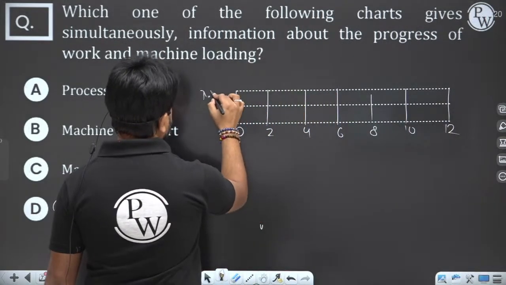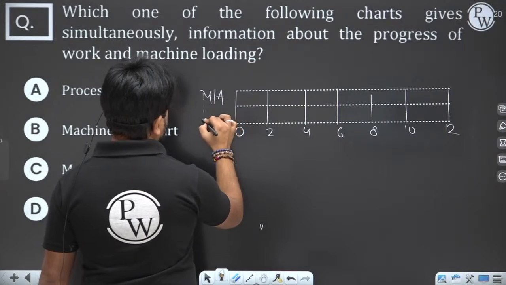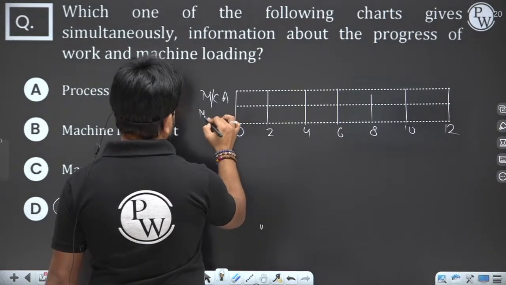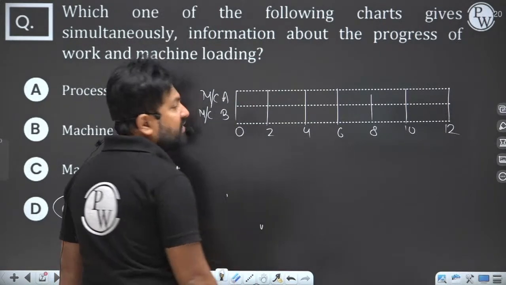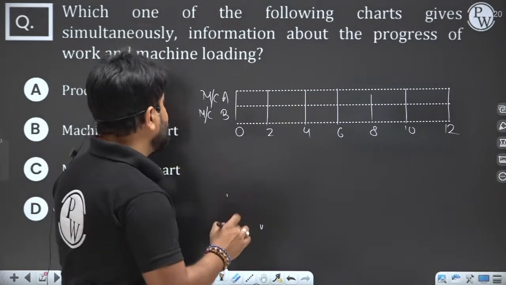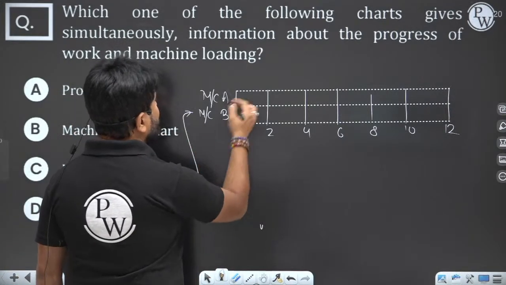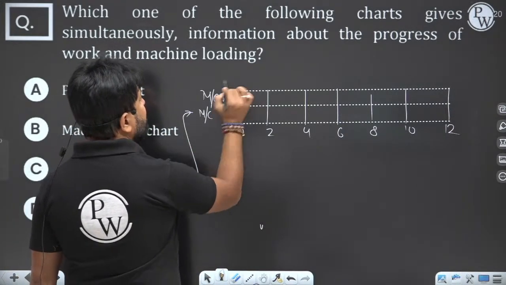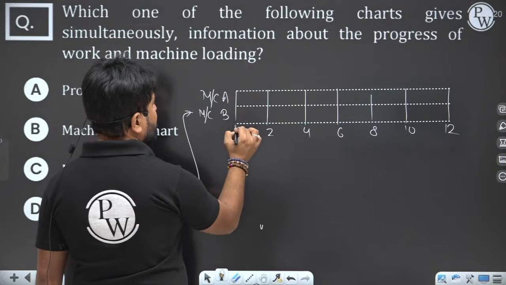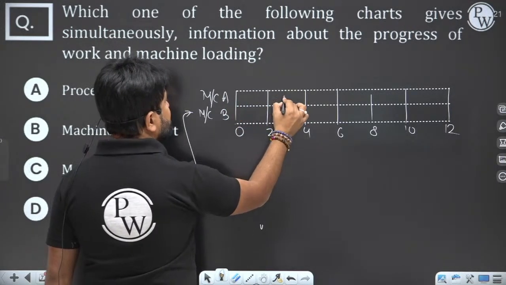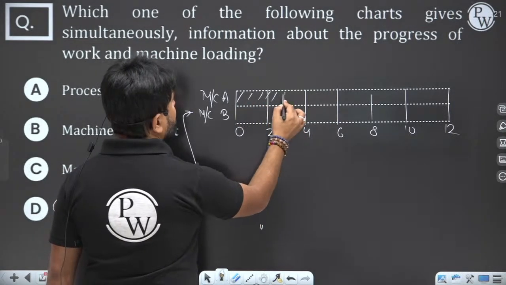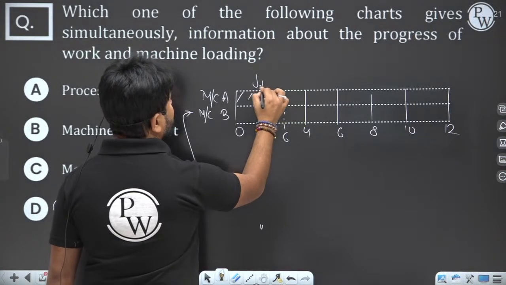This is machine A, and this is machine B. The Gantt chart will tell you when you load a job on machine A at 0, from 0 to 6 processing happens on a particular job, let's say J1.